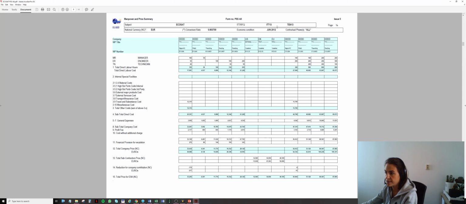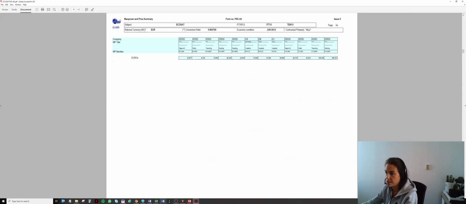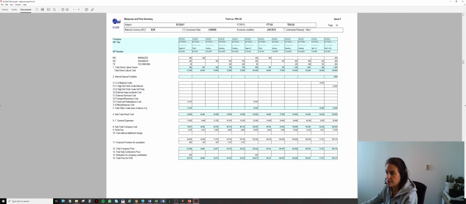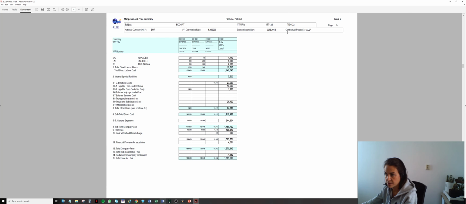This one is for the ITT 12, this one for the ITT 13, this one for the ITT 1 to 2, etc., etc. So you can choose per company, per contract, per ITT, per responsible company, per work package responsible. There is quite a lot that you can do here.